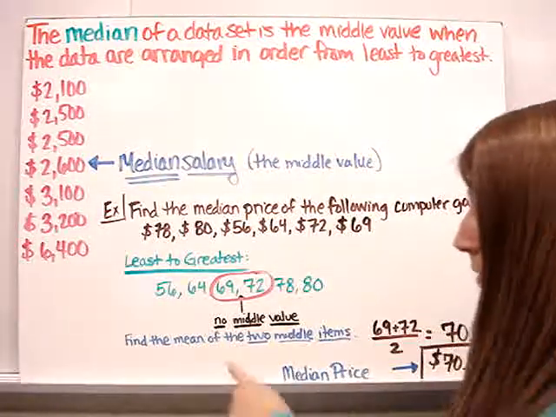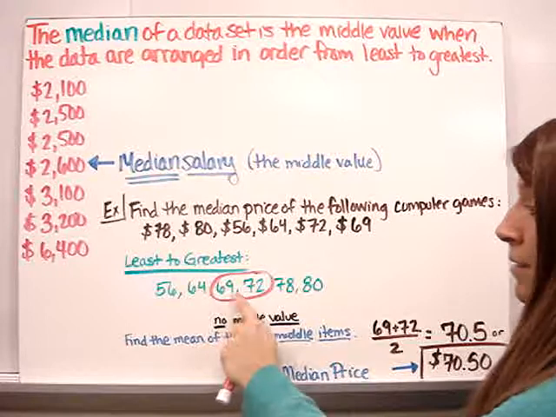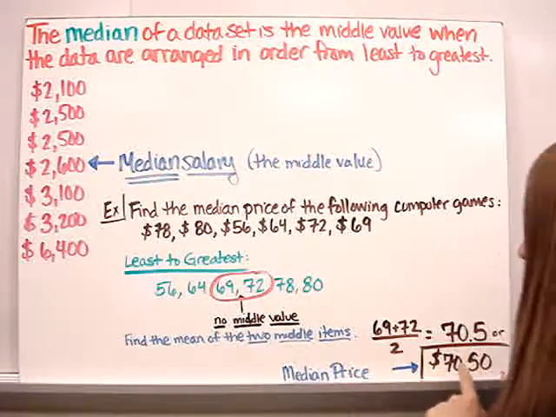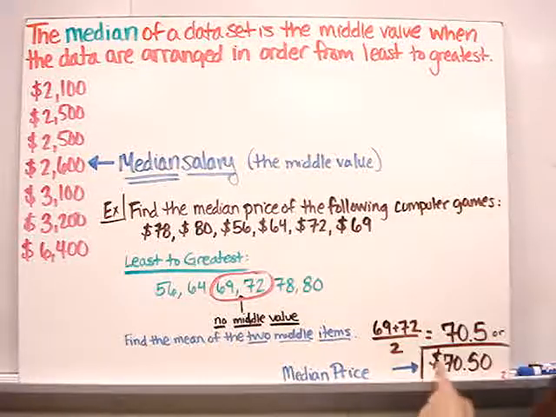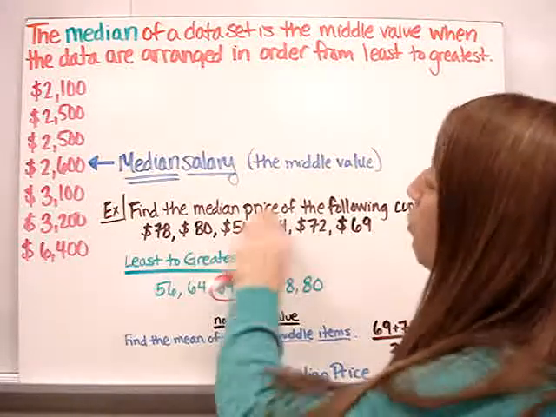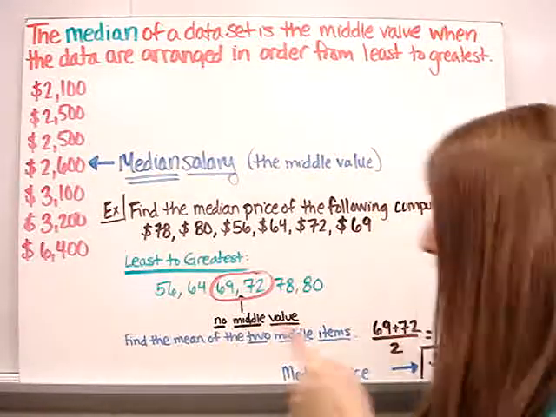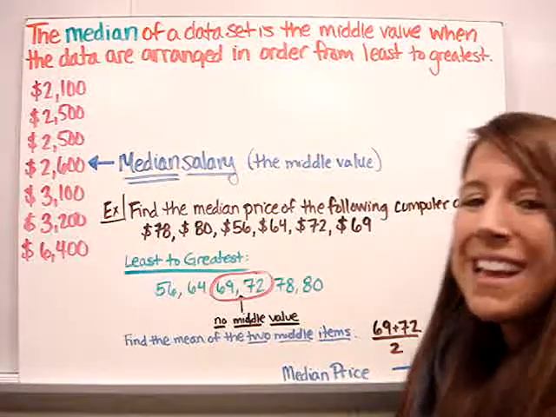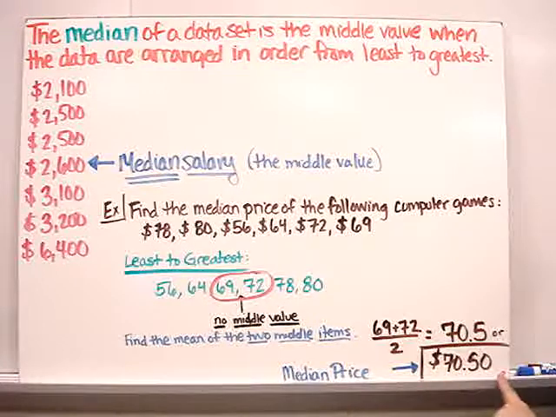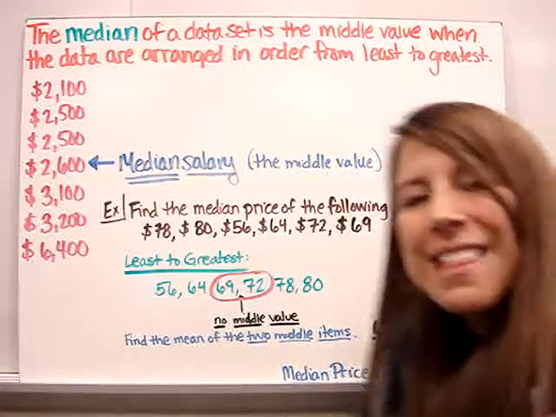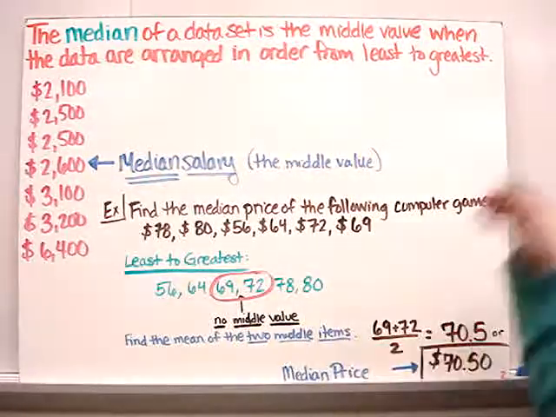So here, 69 plus 72 divided by 2 is going to be 70.5. And if we're talking about the price of computer games, it's important to really know what it is you're working with. 70.5 is not an appropriate answer, but $70.50 is. That would be the median price.